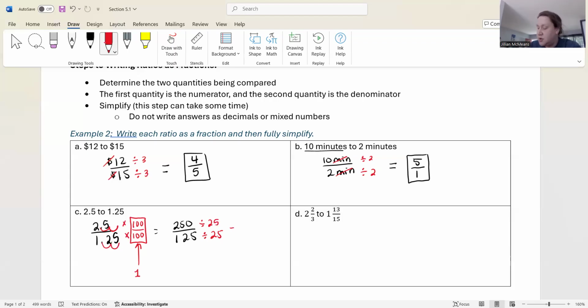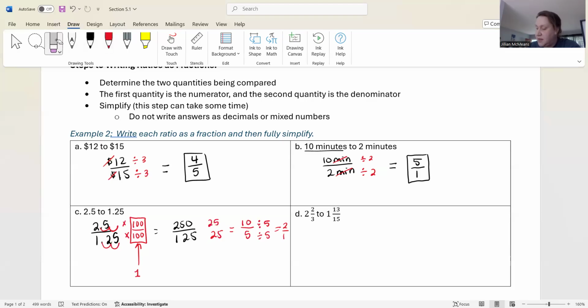So you can think of it this way, and then I'll show you an easier one. So we would get 10, and then 25 goes into 125 five times, and then here you can see pretty easily that these are both divisible by 5, and we get 2 over 1. Okay, so you can do it like that if you don't see a simpler way to simplify this one.